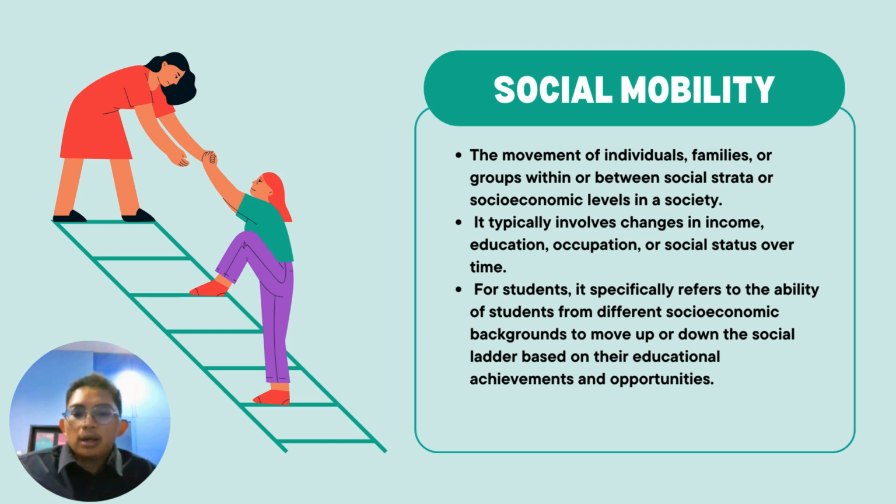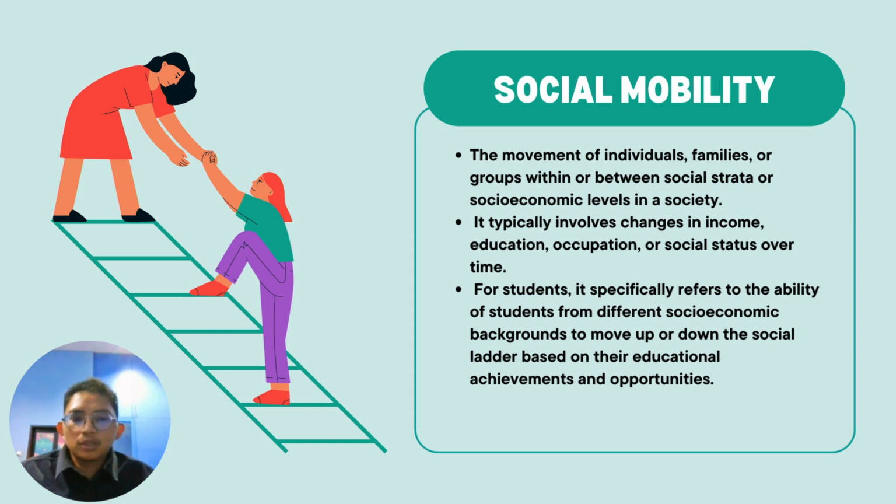For students, social mobility refers to the ability of students from different economic backgrounds to move up or down the social ladder based on their educational achievements and opportunities. This means students are considered to move in their social mobility levels when they have better or lesser educational achievements or academic success.